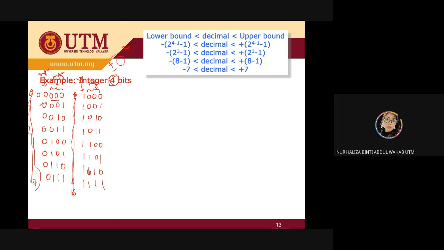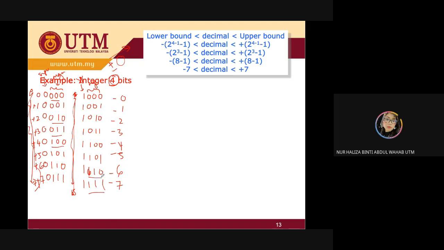And you have 1 over here, and your sign is positive. You have values of 2 positive, 3 positive, 4, 5, 6, 7 positive. And over here you can see 0 negative, 1 negative, -2, -3, -4, -5, -6, -7.